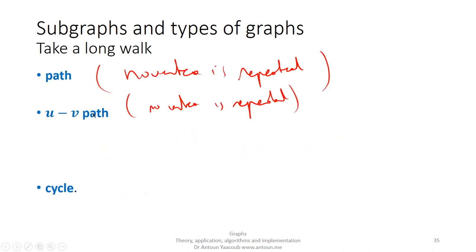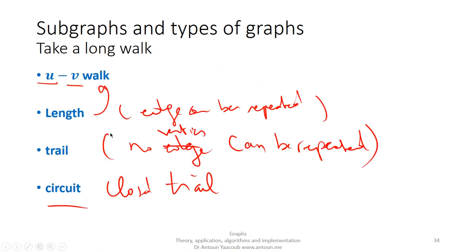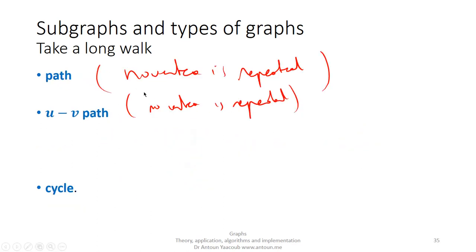So a UV path is in the walk. A path is also a trail, because an edge cannot be repeated unless its two vertices are repeated. It's very obvious, because a path has no repeated vertices, so there's no repetition of edges.